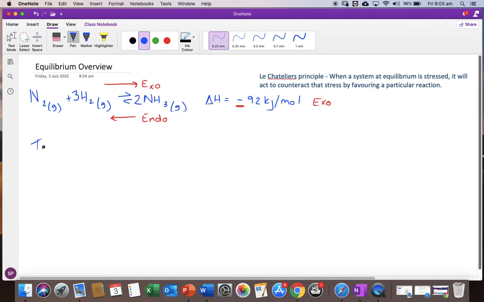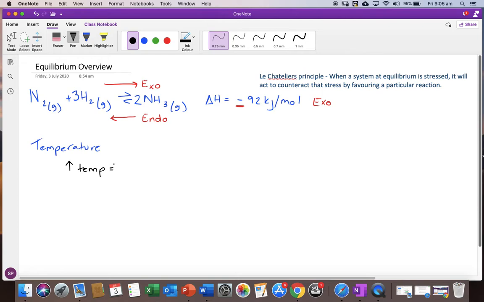So if our stress is relating to temperature, if in this system we increase the temperature, so that might mean that the industrial plant has increased the temperature of the surroundings to try and force this system to do something.